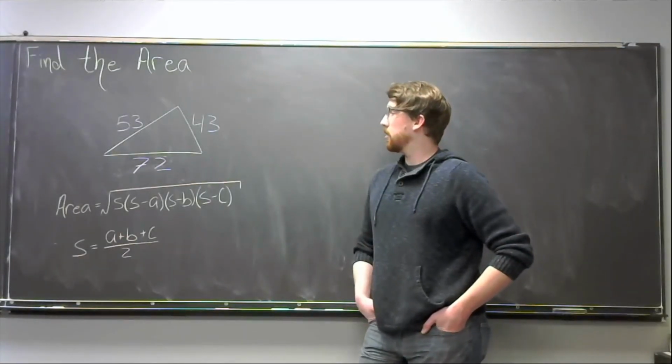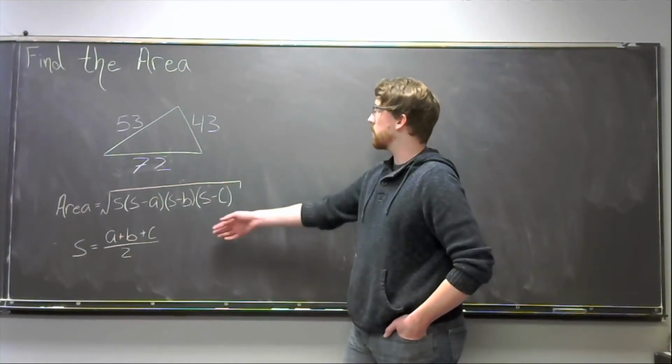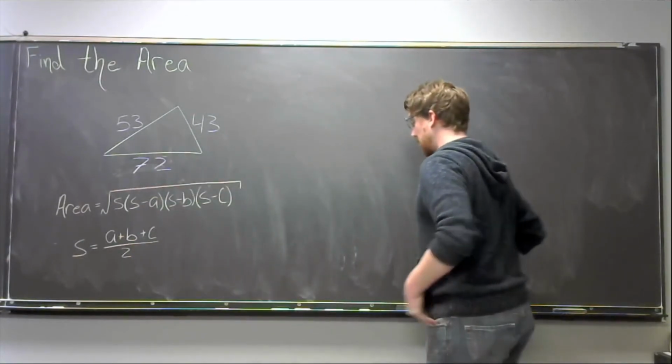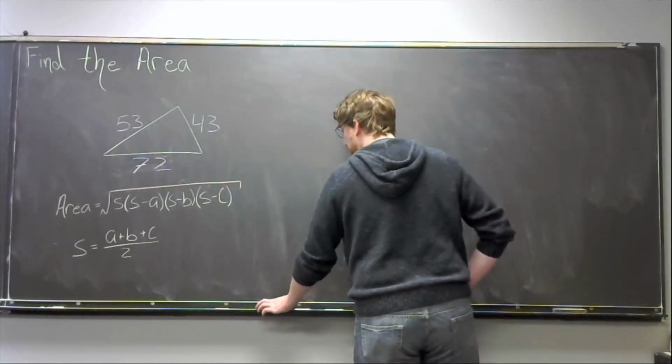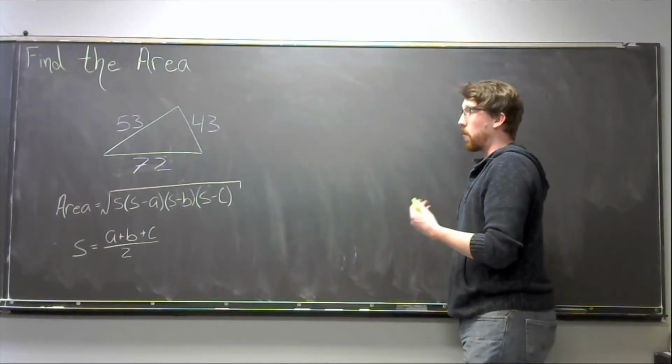All right, so in this final example, all we want to do is apply Heron's formula to find the area of this triangle. To start off with, let's calculate what S is going to be since we're going to use it 4 different times.